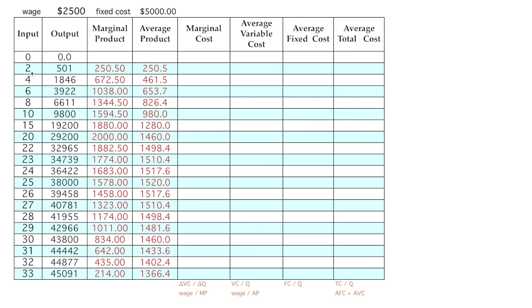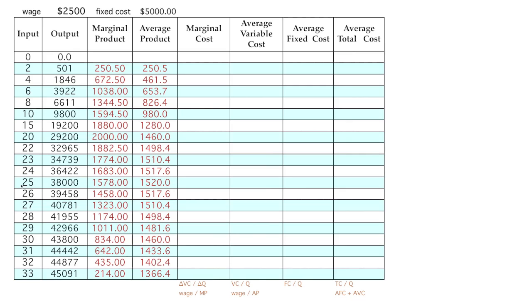If I was hiring two inputs, all I got to do is take that wage of $2,500 and multiply it by 2, and that would tell me that the variable cost of hiring two workers is going to be a total of $5,000. 2 times 2,500. 4 times 2,500 would give me a variable cost of $10,000, right? 10 times 2,500 would give me a variable cost of $25,000.